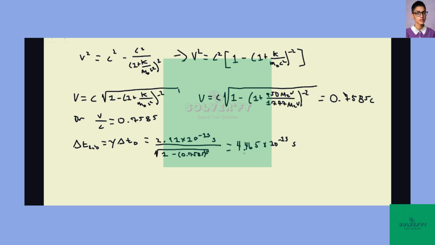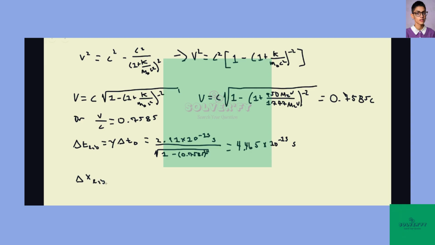So basically a factor of 2. It lives twice as long at that particular velocity, which we've determined from the kinetic energy that was measured. So now, to figure out how far it travels, we have delta x in the lab.